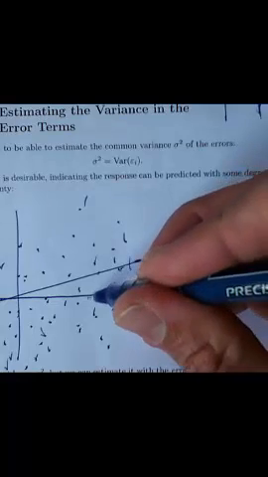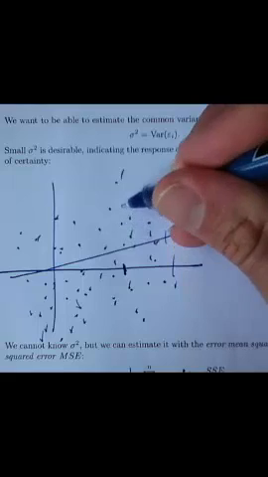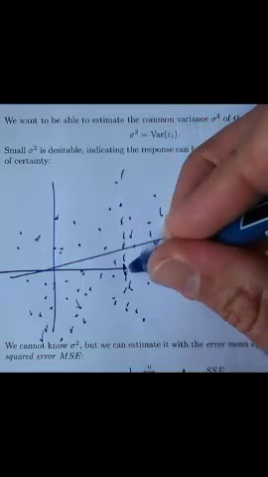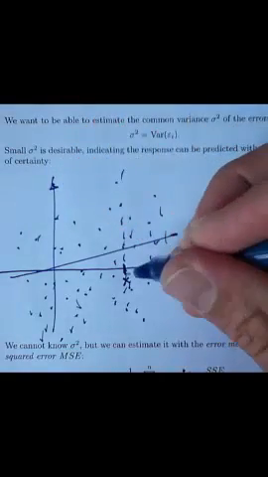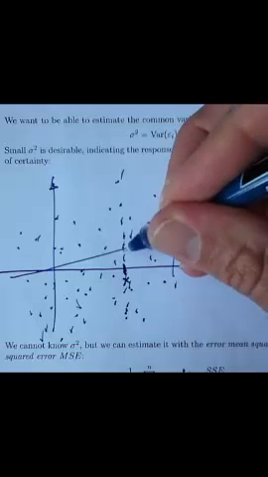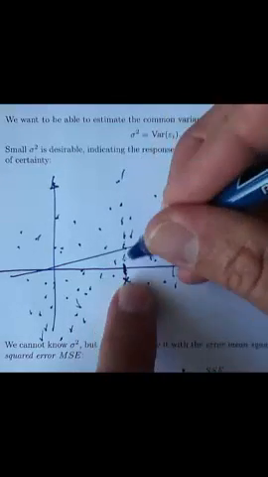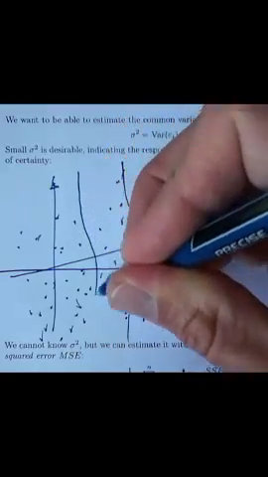So if I observe an x value down here, then the associated y value, conditioned on the predictor variable being here at x, is going to be difficult to predict with any degree of certainty because there's such a large spread.